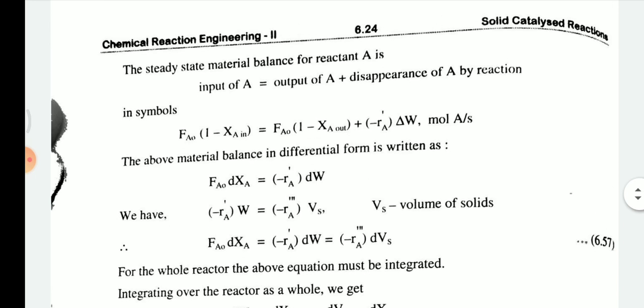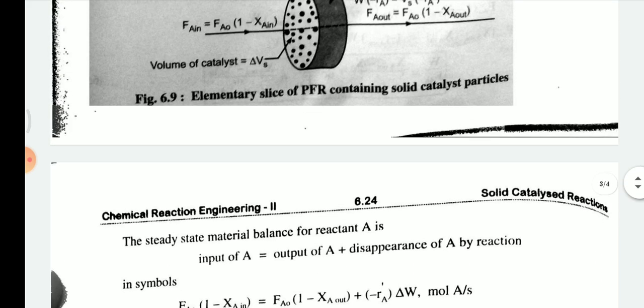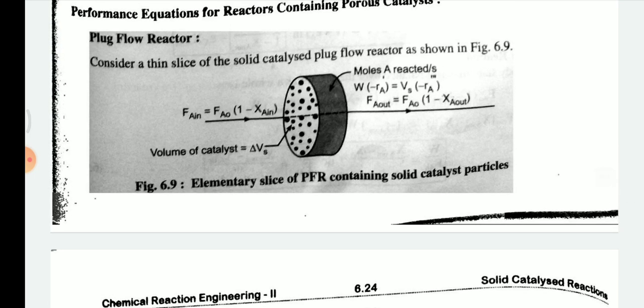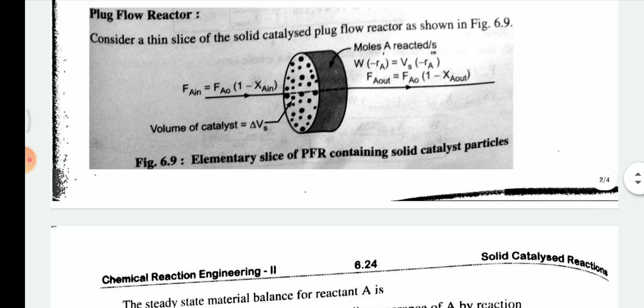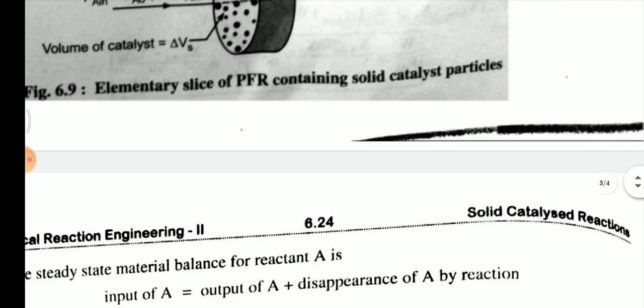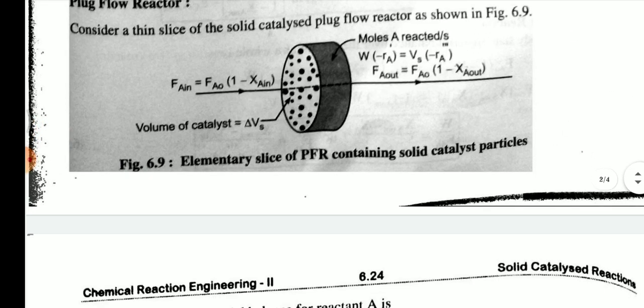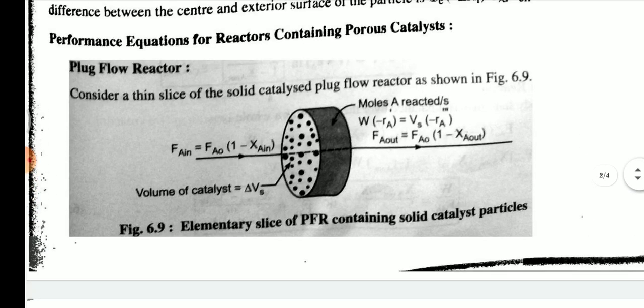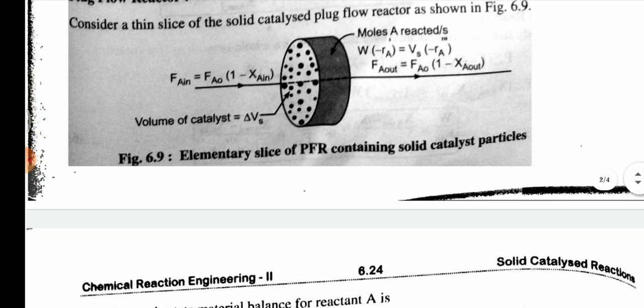So put the values in the material balance. In symbolic terms, it will be Fa0 into 1 minus Xa in at the inlet, and similarly at the outlet, Fa out is equal to Fa0 into 1 minus Xa out plus the disappearance where the reaction takes place. Inlet equals outlet plus the accumulation term where the reaction occurs. So what will that value be? Moles of A reacted, that is W RA dash is equal to Vs minus RA double dash.